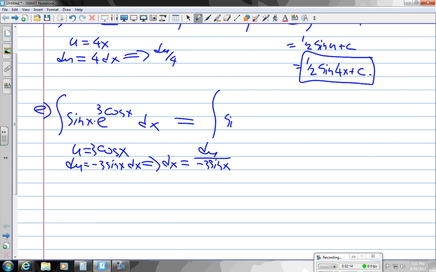So you get sine x e to the u, and then du over negative 3 sine x. Sine x cancels with sine x, negative 1/3 comes out, e to the u du. Okay? And the integral of e to the u is e to the u, so you get negative 1/3 e to the u plus c.